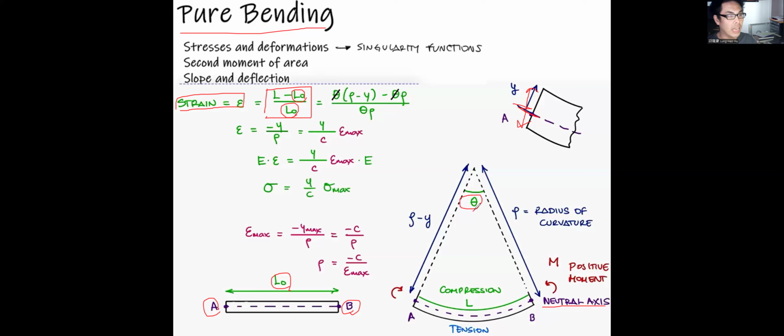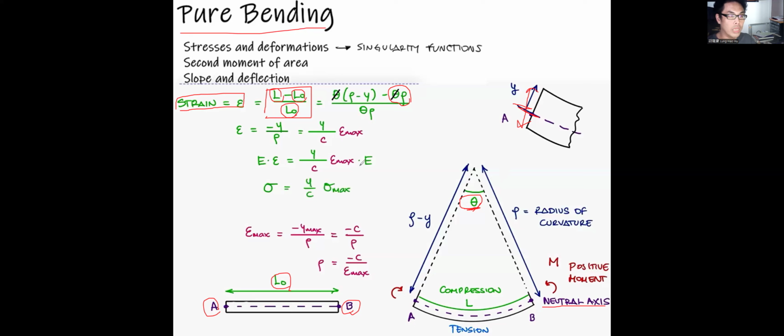And this theta is very small, so we only concern the elastic deformation. It's a really small angle. Therefore, we can say L naught equals rho times theta. Rho is the radius of curvature. So what is L? L is the length after bending.